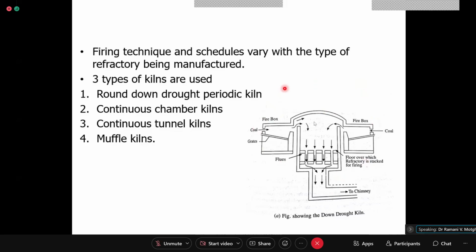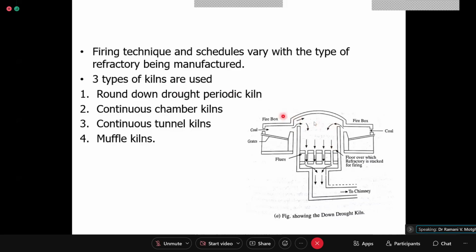From at least 6 sides, there will be burners on which the coal is burned, and because the hot flames descend down, there will be a hearth over which all your refractory bricks will be placed, and the hot flames will burn the bricks.